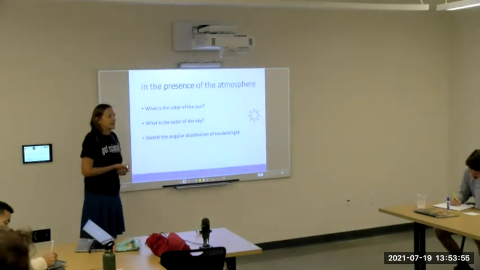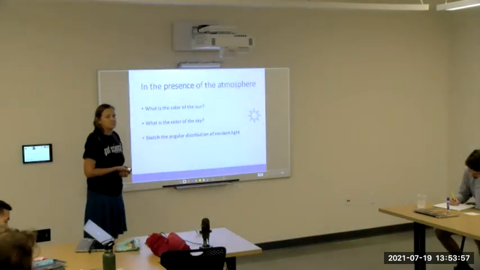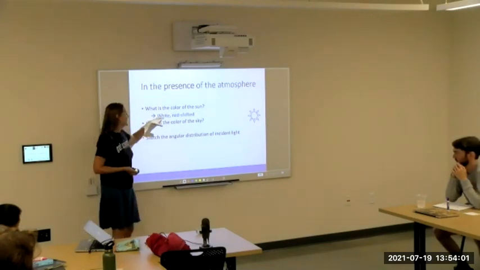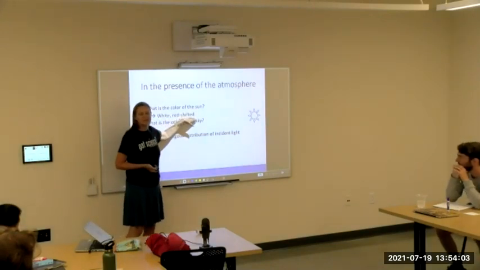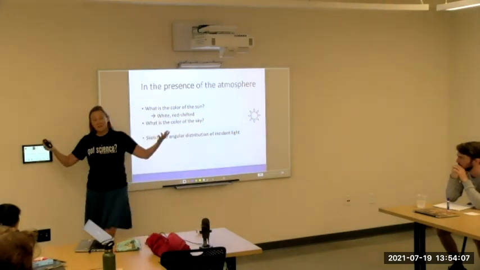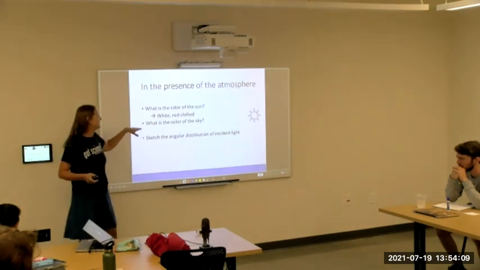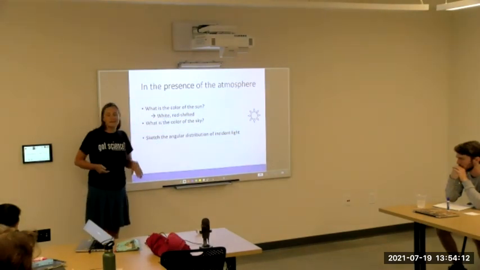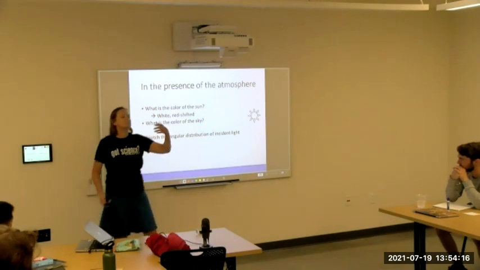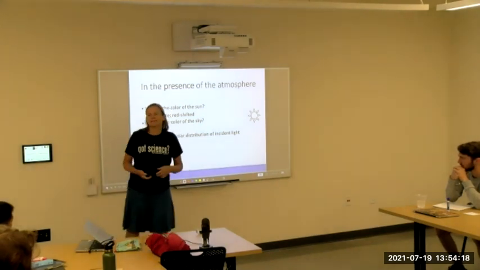Now, in the presence of the atmosphere, the sun is questionable, because it can also be redshifted because we have sunsets, right? And so the sun can actually change the color depending upon the angle and how much atmosphere it's going through. So we have to be careful about that now. And the color of the sky? Depends, right?